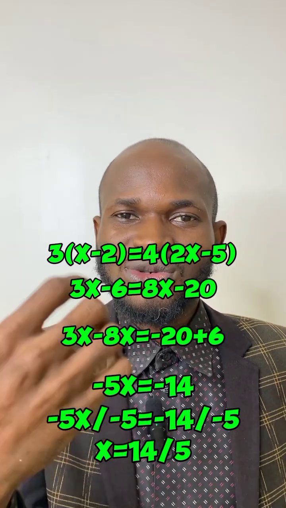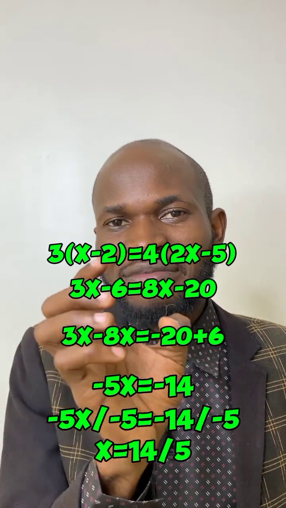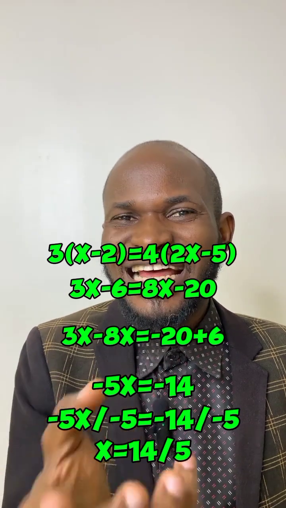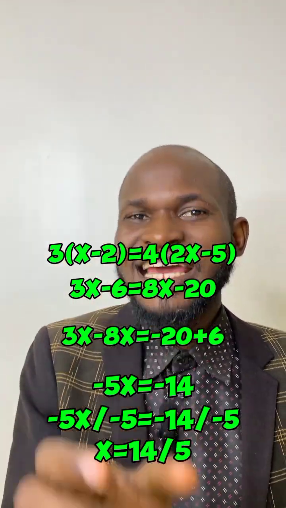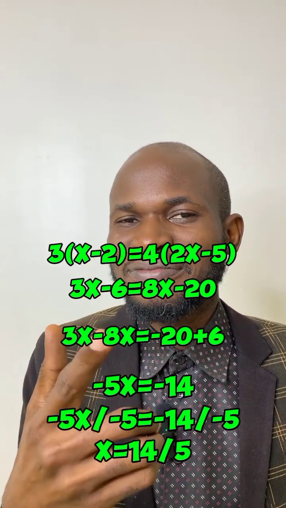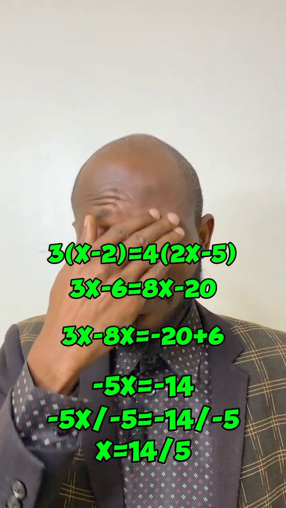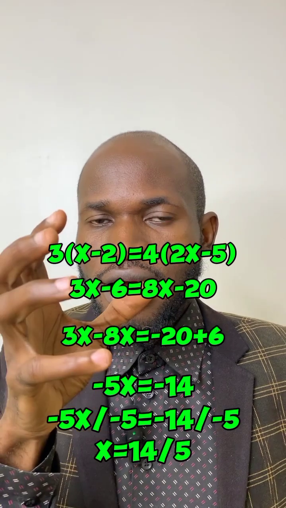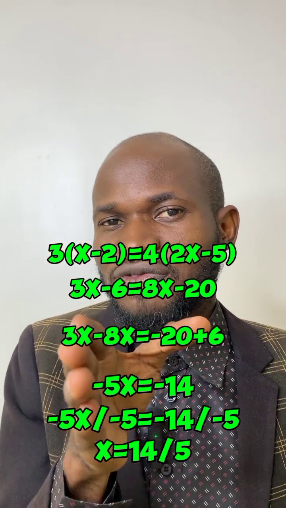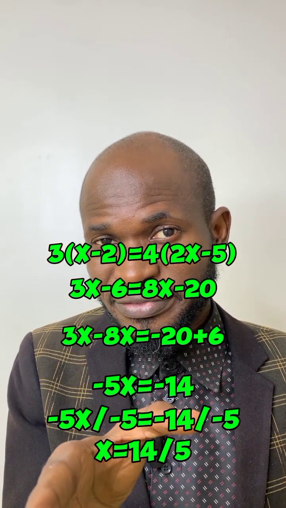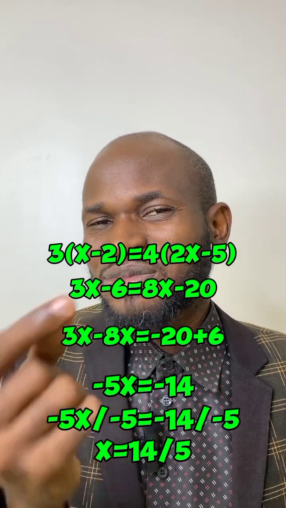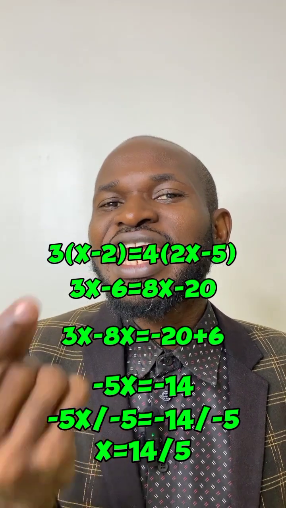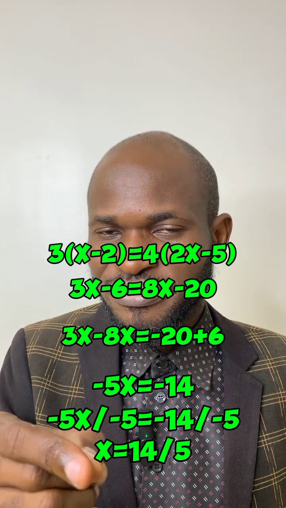Rather, you go and choose 2 because 2 multiplied by 5 will give you 10, which is the nearest number to 14 that is less and yet a multiple of 5. I will repeat that. 2 times 5 is going to give you 10. 10 is a multiple of 5, and it is less than 14.